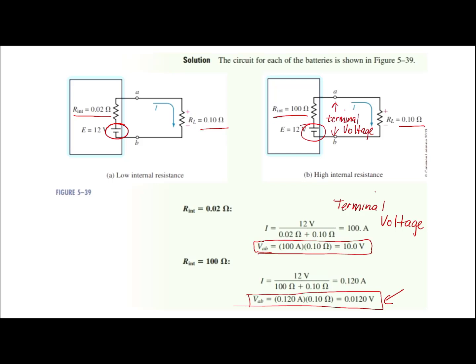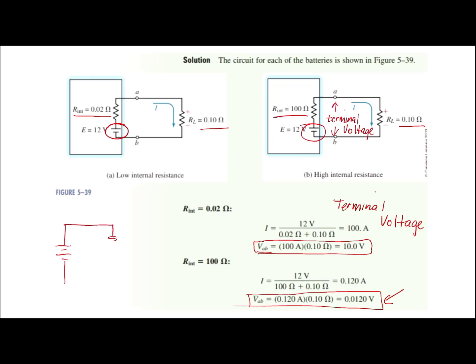And so when we do questions involving practical sources and internal resistance, probably the biggest piece of advice I would give you, because this often seems to be difficult for beginning students, is just remember that this is a series circuit like any other.